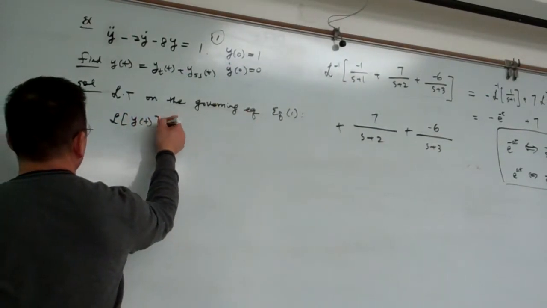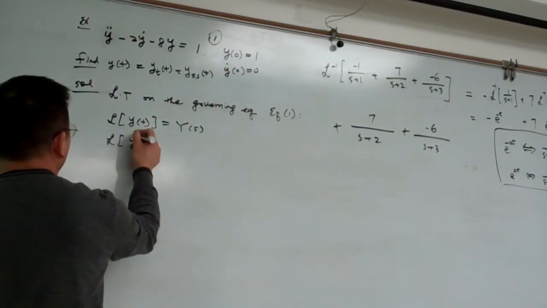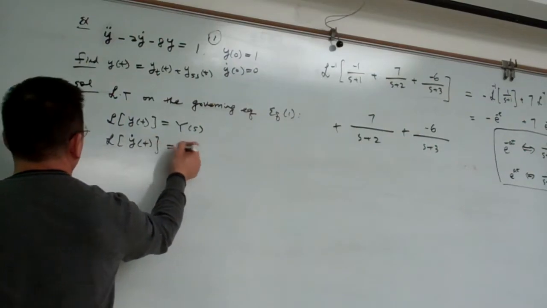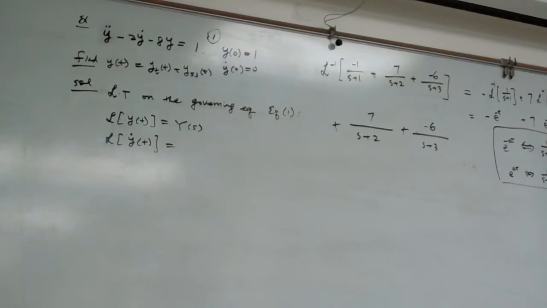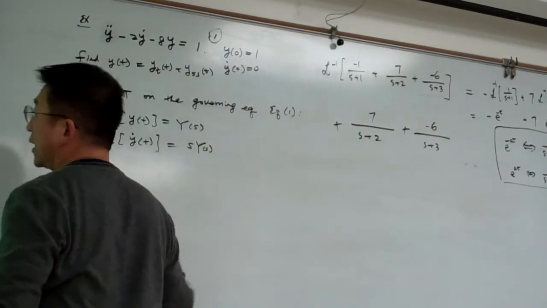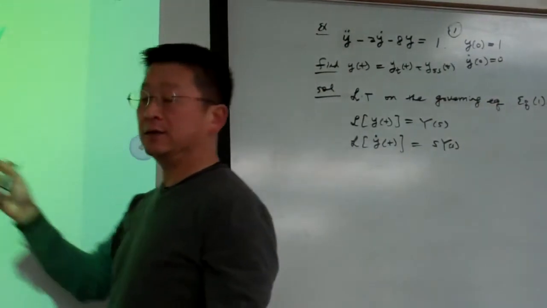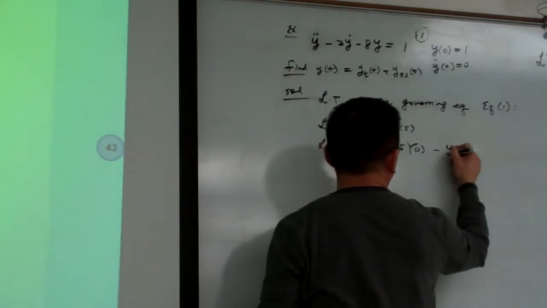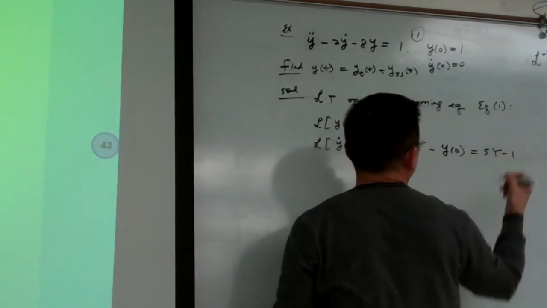So y(t), let me define as capital Y(s). For the first derivative y dot, we use this information here, and that is s times Y, the Laplace transform, minus the initial position, so minus y(0). In this case, that is sY minus 1.